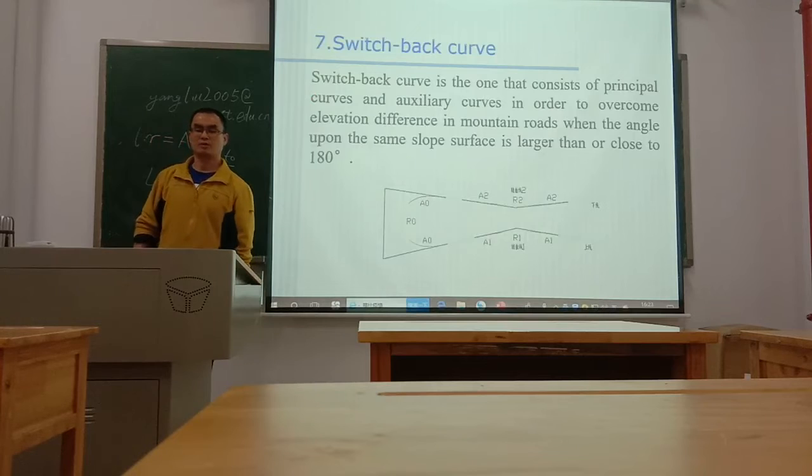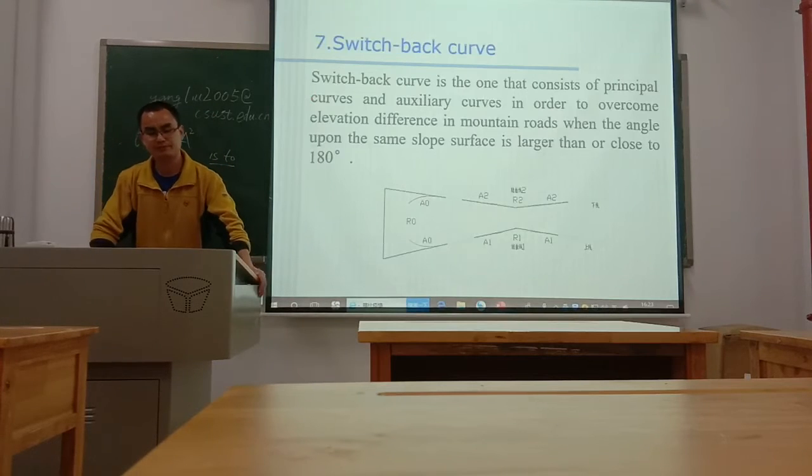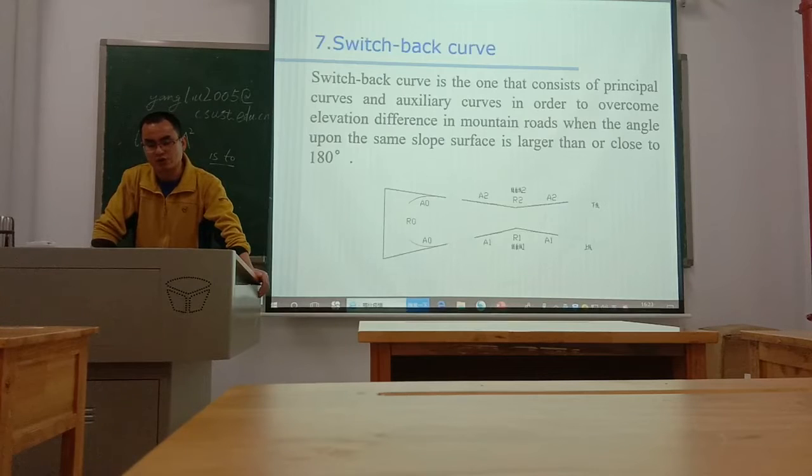Seven, switchback curve. Switchback curve is the one that consists of principal curves and auxiliary curves in order to overcome elevation difference in mountain roads, when the angle upon the same slope surface is larger than or close to 180 degrees.